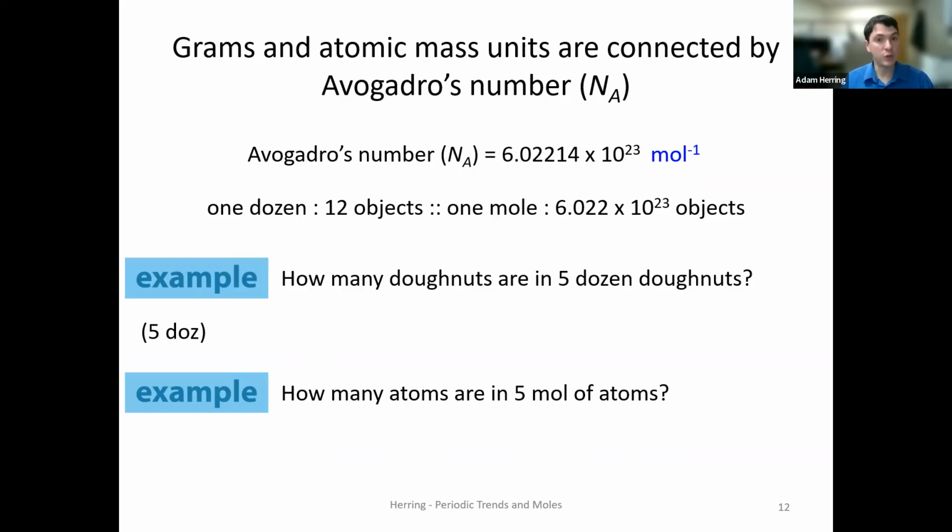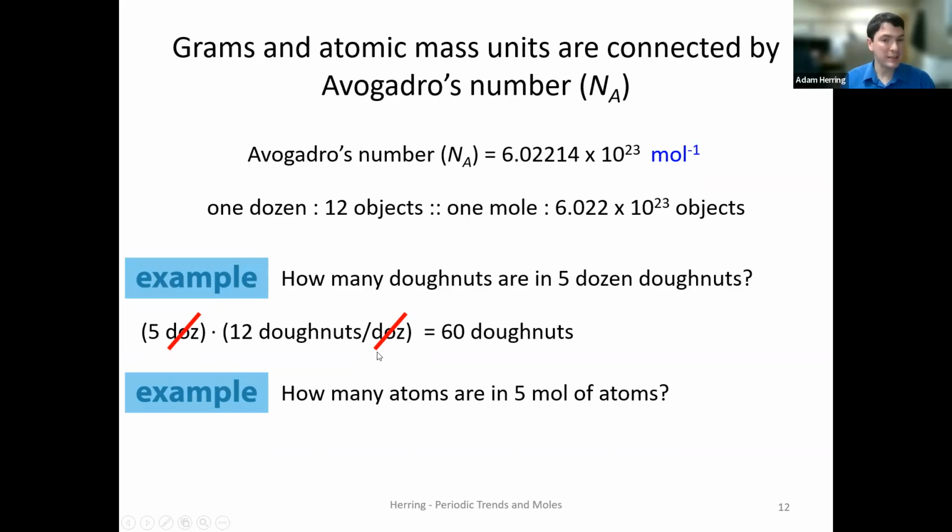So a dozen is 12. So we would multiply by 12 donuts per 1 dozen. When you do this, because you have the same units in the numerator, dozen, and in the denominator in this ratio, those units will cancel out, and we see that we have 60 donuts.